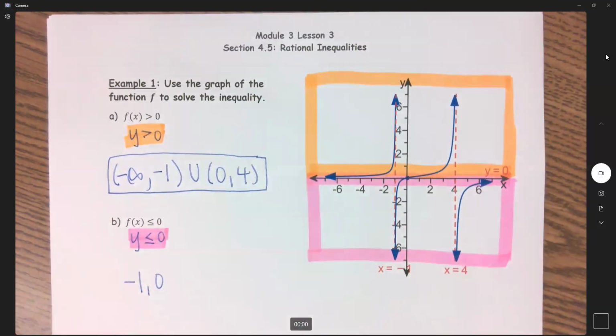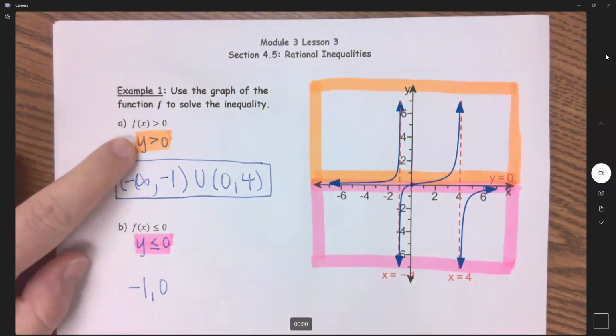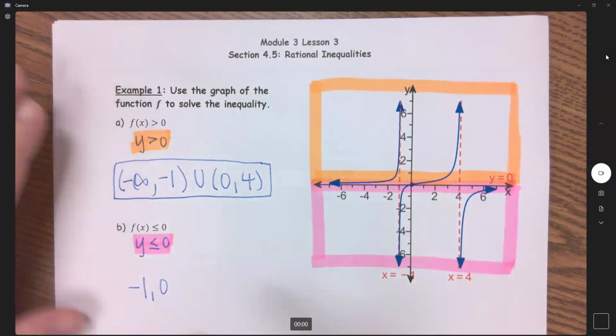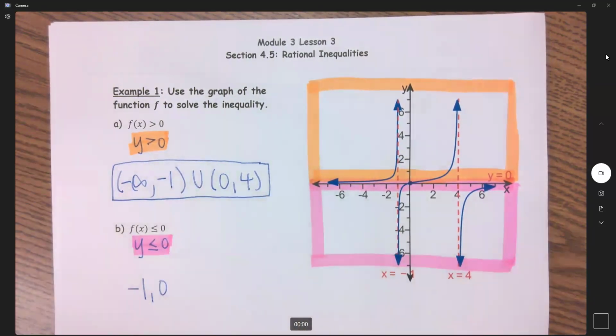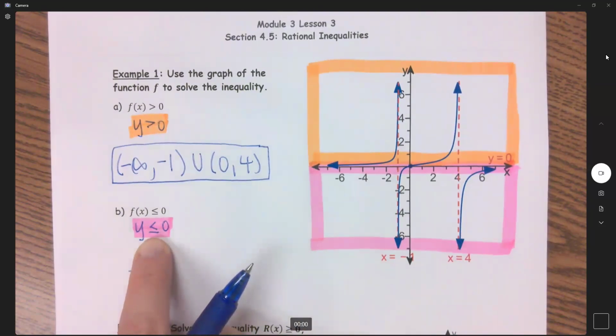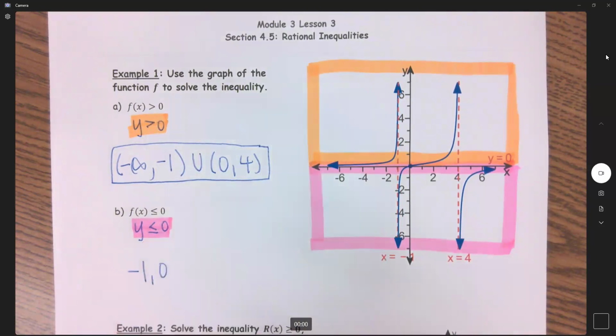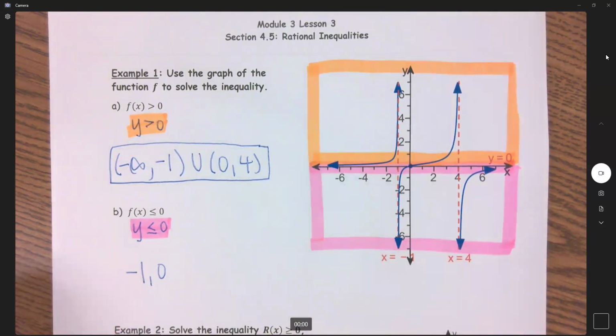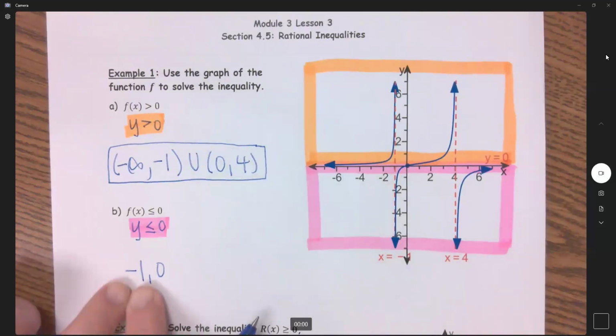Now we need to be careful when we're talking about rational functions when it comes to brackets and parentheses. When it's less than or greater than, everything here is going to get parentheses, very straightforward. But when it's less than or equal to or greater than or equal to, we have to pay special attention to what gets brackets and what gets parentheses, mainly what is a 0 and what's an asymptote.